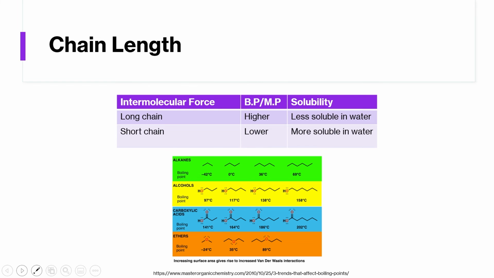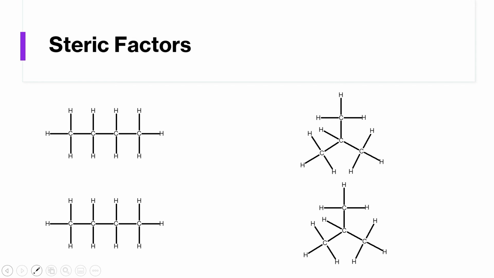Now, steric factors can also have an influence over the properties of a substance as well. When we're looking at our two chains here, both of them have 4 carbons total in each molecule.